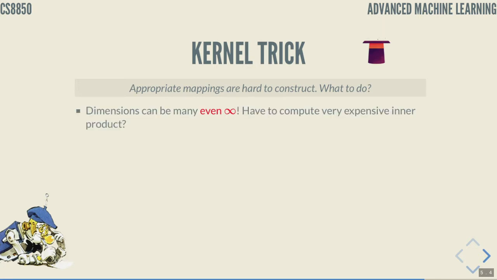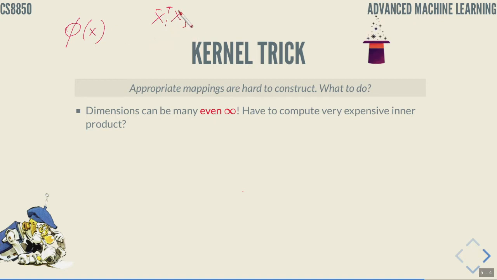So dimensionality can be many, even infinite, and we have to compute very expensive inner products, right? So first we have to map the data into feature space, then compute. Basically the trick is, instead of computing inner products or doing anything with the original data points, we start working with transformed data points, or vectors.